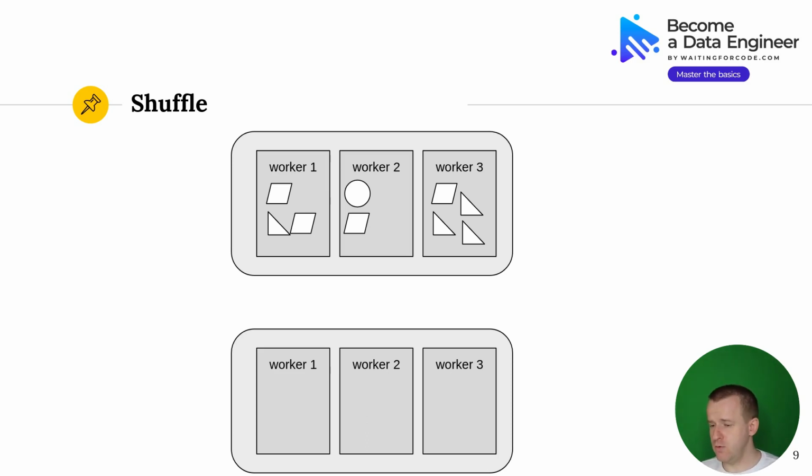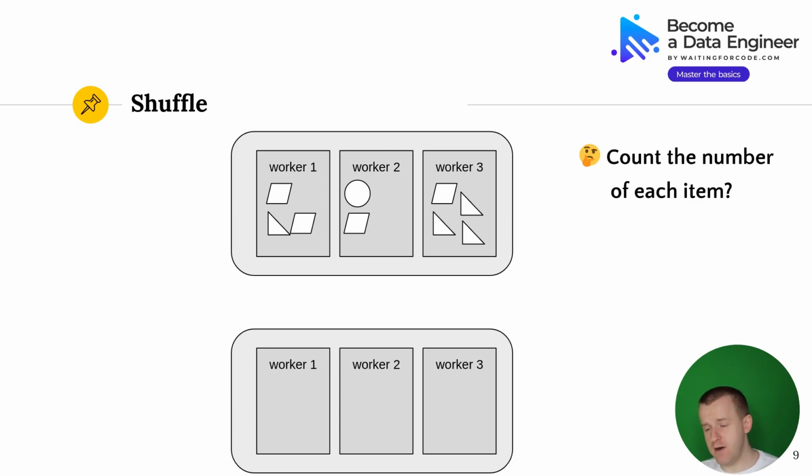Now how to count the number of each figure? It's a really complicated task, because you can see that each worker has some figures of the same type. Here you have 2 workers with this figure. Here even each worker has this figure, and only 1 worker has a circle. Anyway, if you do the count separately, you will not get the right result.